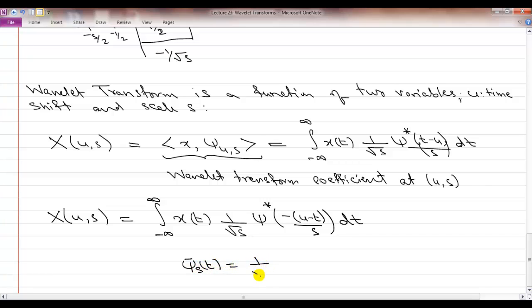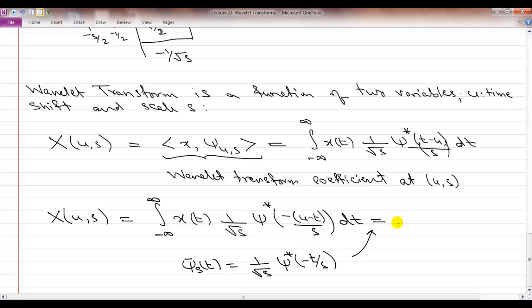I define that as 1 over square root of s, psi conjugate of minus t over s. If I define psi bar s of t like this, then this inner product is just a convolution formula, X(t) with psi bar s of (u minus t), where the independent variable is u.